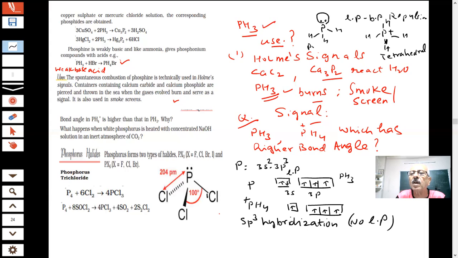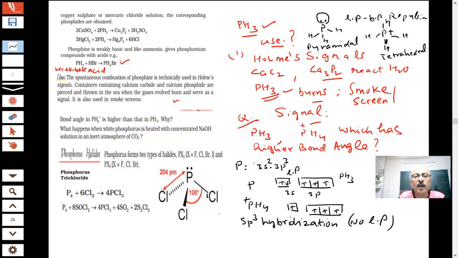This becomes pyramidal. So PH4+ has a higher bond angle than this. One electron is lost, so the bond angle will be higher.